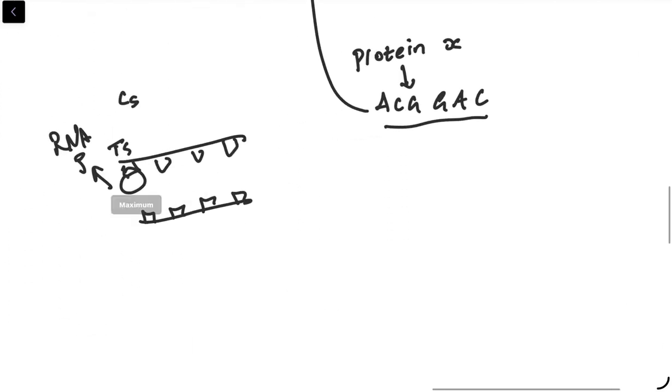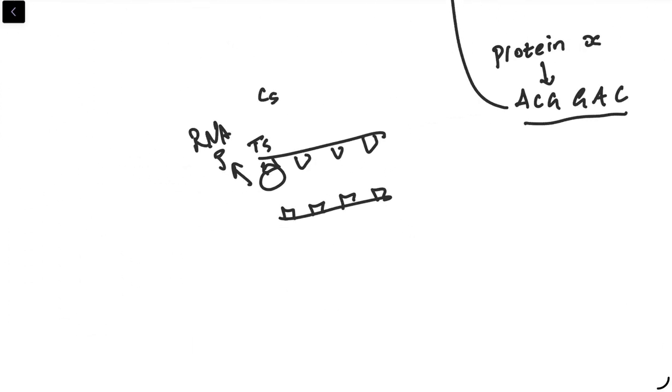So in this small section, we have RNA polymerase. This is the coding strand, and this is the template strand. RNA polymerase is bound to this. We're just drawing this section as already unraveled. Let's say the coding strand contains the sequence ACGGAC.